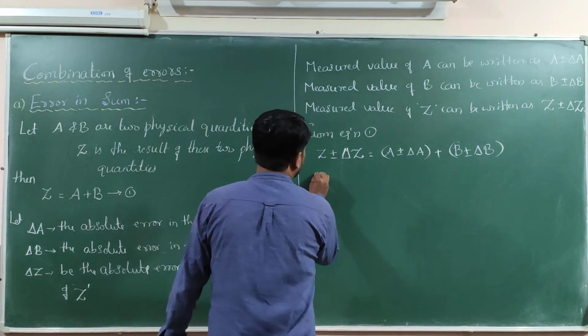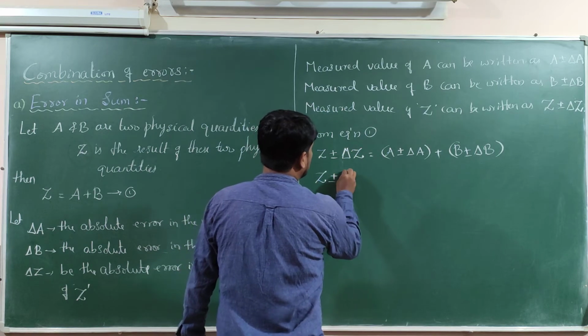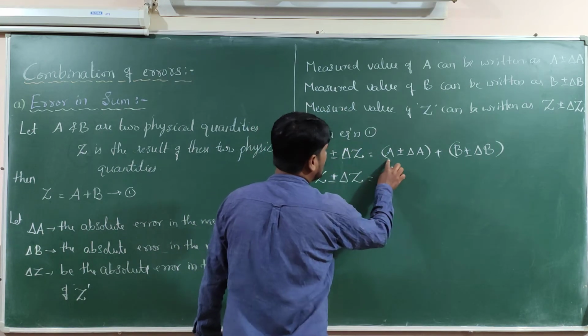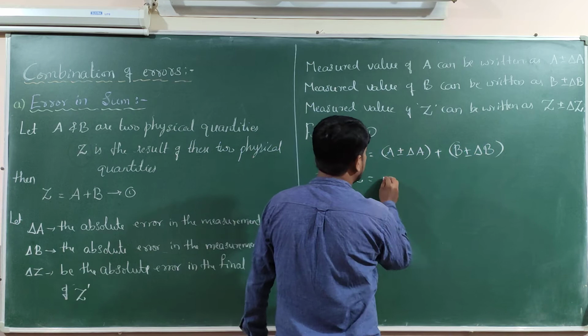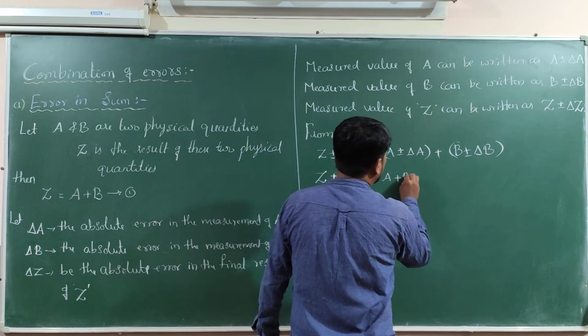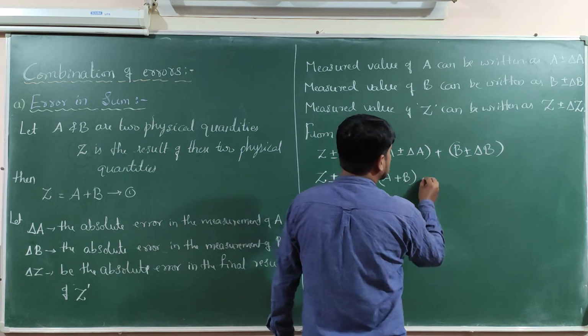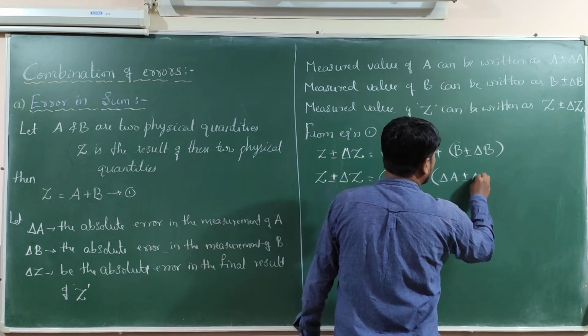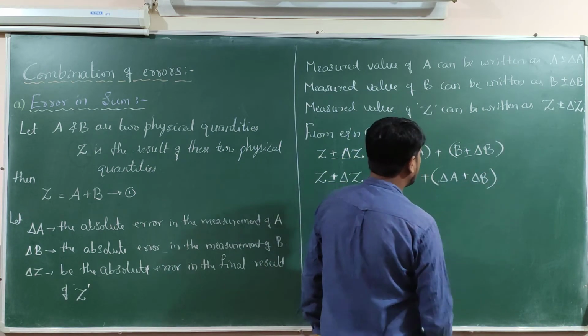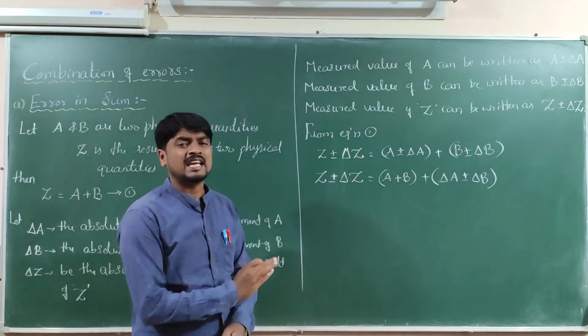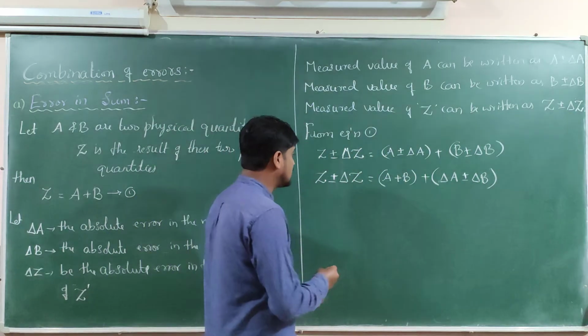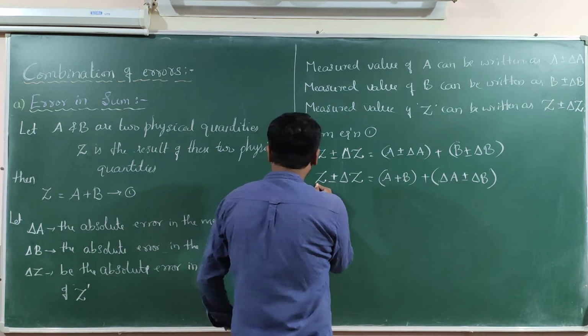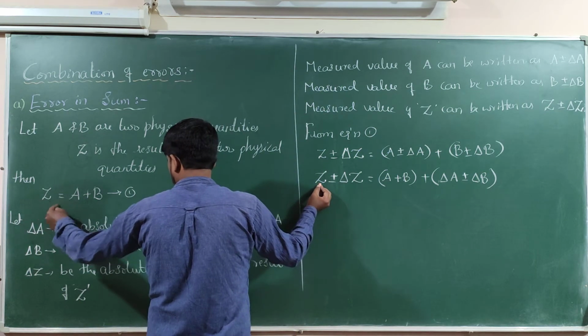If I rearrange, then Z plus or minus delta Z is equal to A plus B, one bracket, plus another bracket, delta A plus or minus delta B. Just open the bracket and rearrange the terms. Look at this. According to equation number 1, A plus B is equal to what?